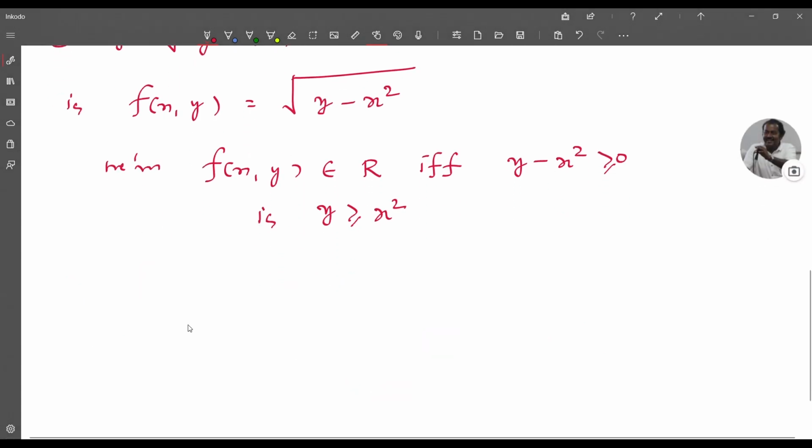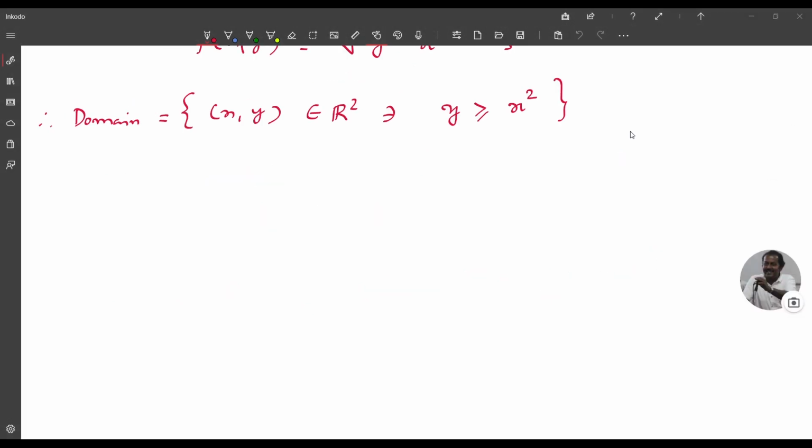Therefore, the domain is the set of all x, y in R2 such that y is greater than or equal to x squared. Now we find the range of f.